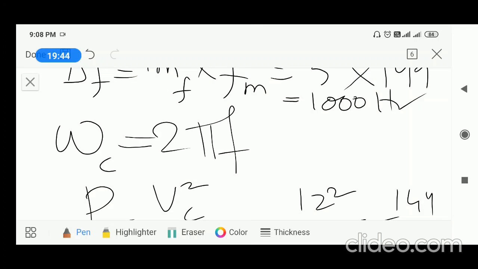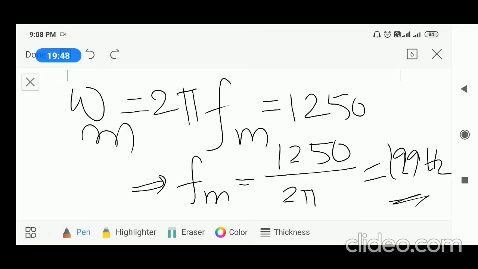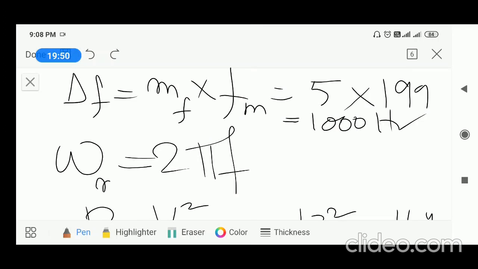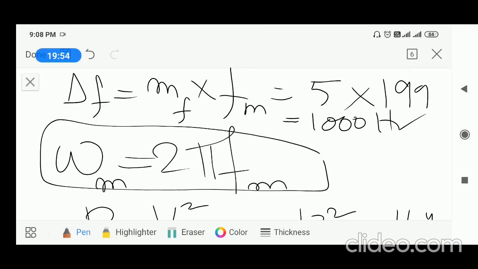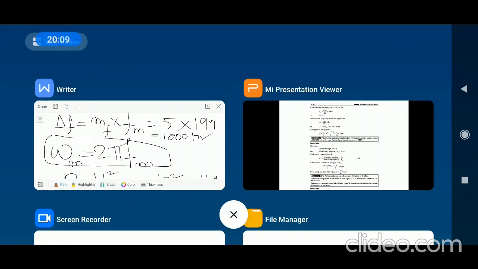Omega c gives you fc, and omega m gives you 2 pi fm. So this formula is also very important for comparing the given time domain equation with the standard time domain equation of FM signal, and writing units is also very important after solving the problem, right?